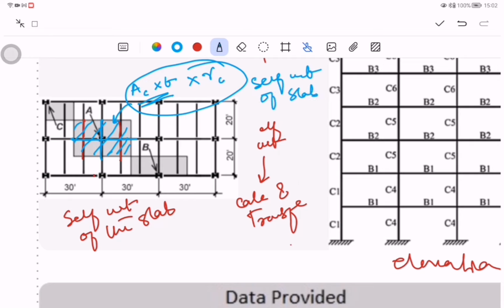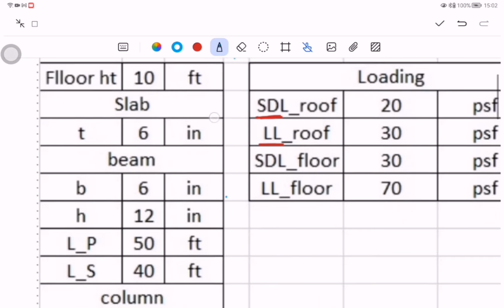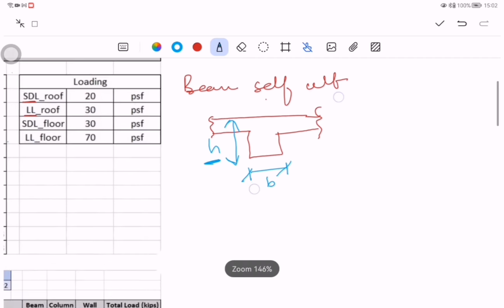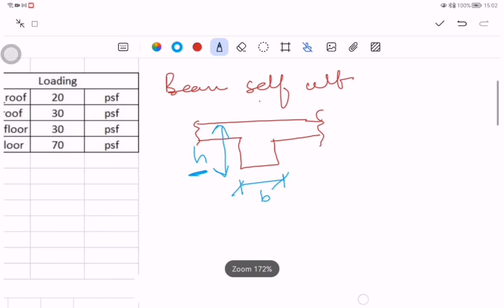But now what you have done, you have included a small portion of the beam into the self weight of the slab, right? Because as I have shown you, the height of the beam is from the top of the slab till the bottom of the beam. So this is your H, right?